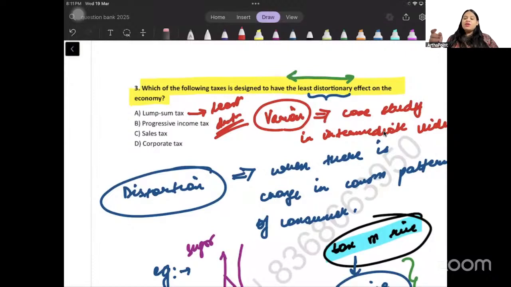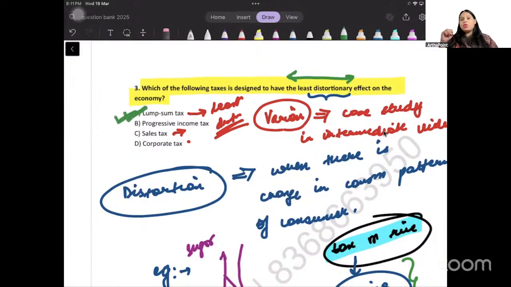Whereas when we talk about sales tax, corporate tax, actually sales tax के साथ ज्यादातर वेरिएंट कंपेयर करते हैं. So when we talk about per unit tax, quantity tax, it causes a lot more distortion. ठीक है, so if we have to mark one answer, then I will be going with lump sum tax.